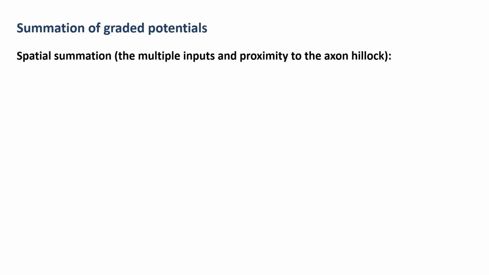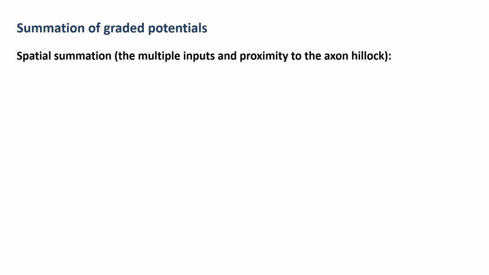All along the membrane, you've got the sodium-potassium ATPase pumps. So by the time that sodium that influxed for an EPSP, or the chloride that influxed for an IPSP, gets down towards the axon hillock, it's going to have diffused out, the sodium's going to have been moved out, so everything's going to be a bit weaker. So the closer the presynaptic neuron is to the axon hillock when it synapses, the stronger the effect will be.